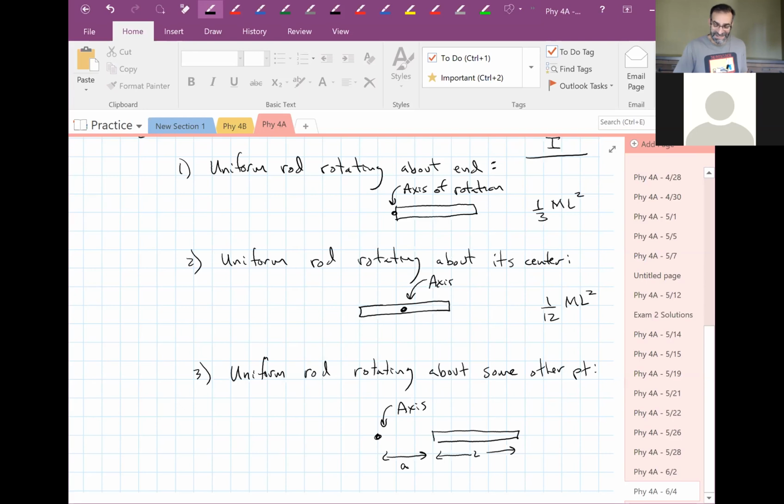No, it was not on the formula sheet. So the first thing you should do is look on the formula sheet, look in the table, see if the rotational inertia is given. If it is, boom, you're done. You write it down. But sometimes it's not there. This is one example.